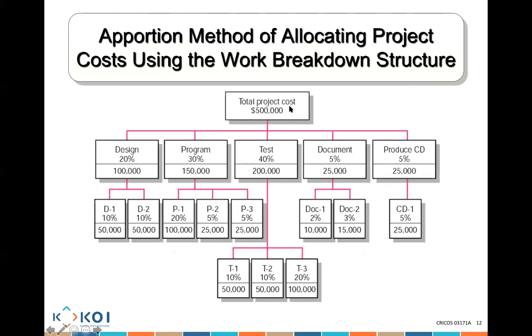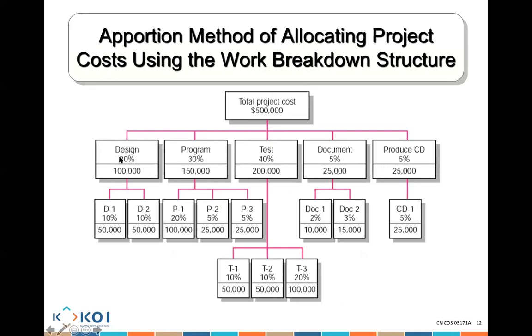Let's continue, guys. I'm going to show you an example of the apportion method. The total project cost is $500,000. It is divided into 20% design, 30% program, 40% testing, 5% documenting, and 5% producing. 20% of 500,000 is 100,000, 30% is 150,000, 40% is 200,000, and so on.